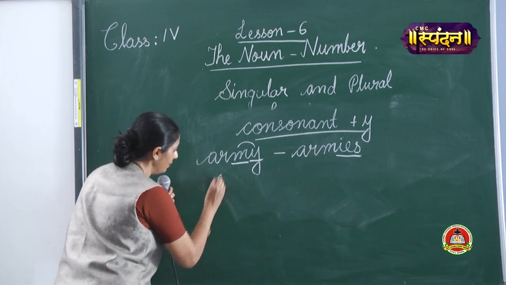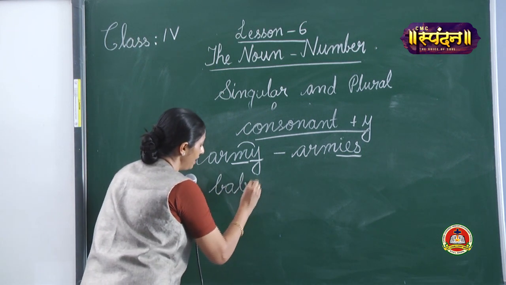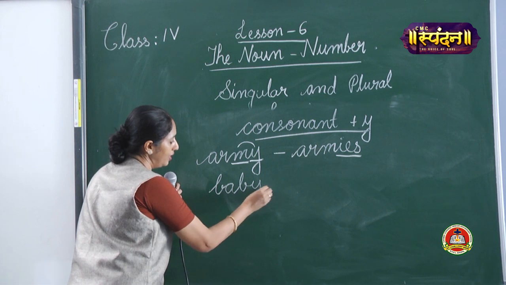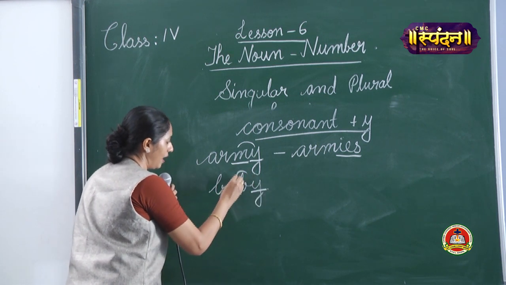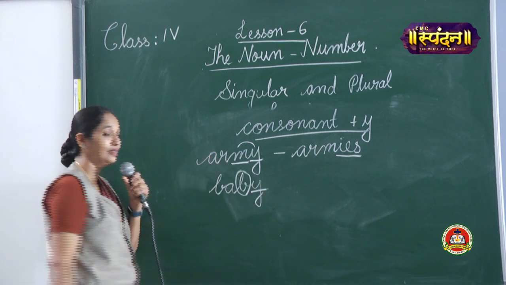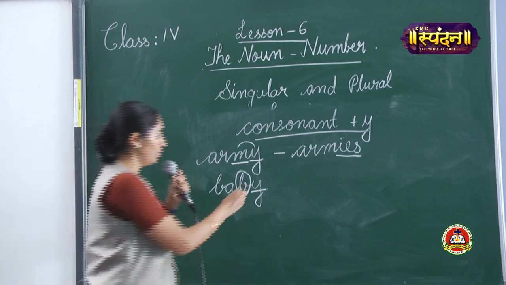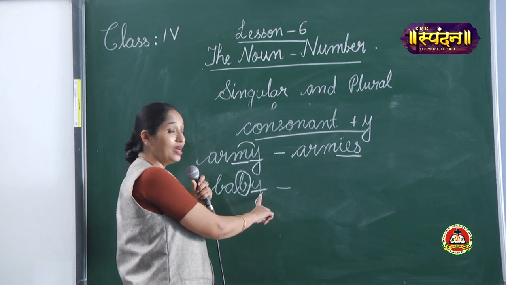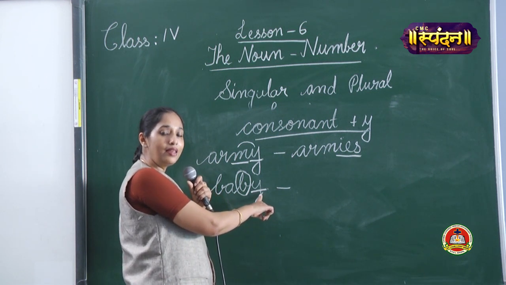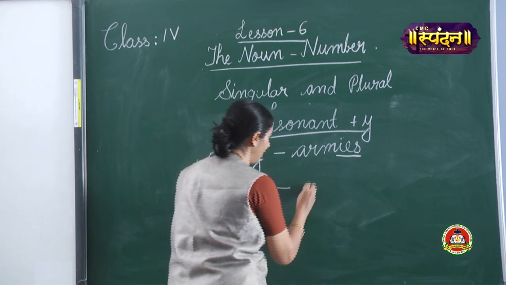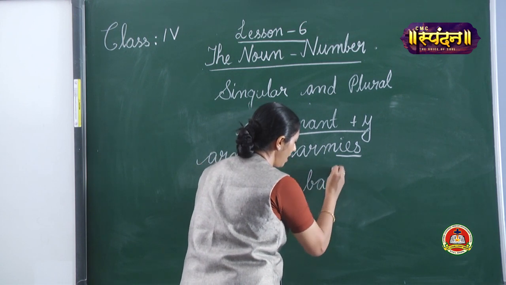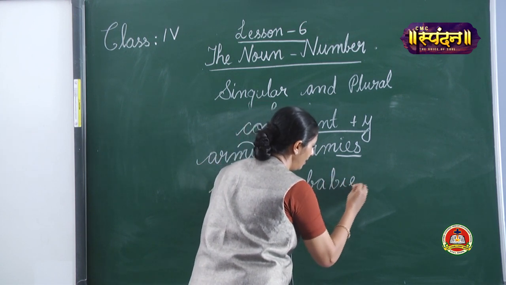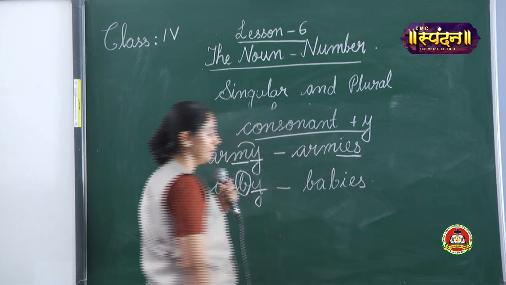We have removed that y and we added ies. Another example, baby. The word ends in y and before y there is a consonant. So we are going to drop this y and add ies in its place. So, babies.